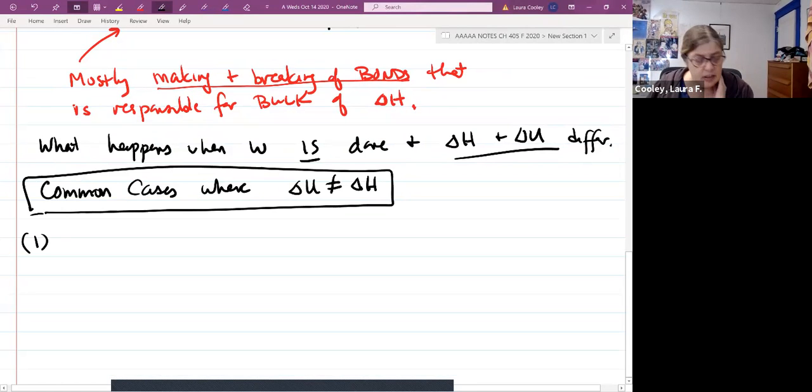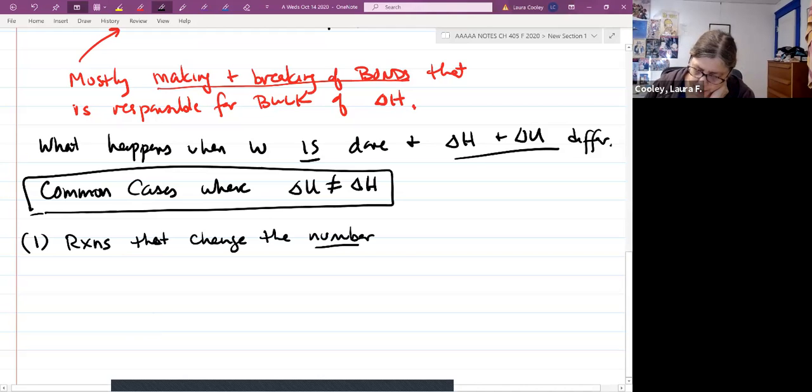So the first one I've kind of mentioned. So the first one is reactions that change the number of moles of gas. A lot of times this is a gas phase reaction, or it could be a reaction where a gas is produced.